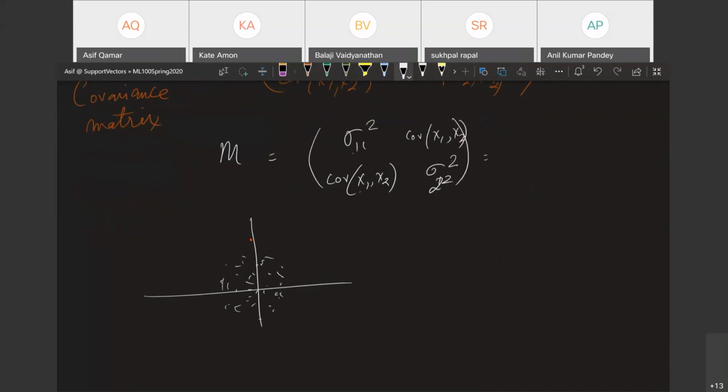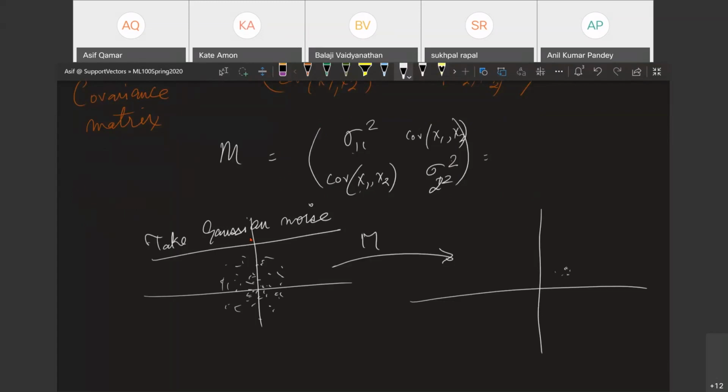This is just Gaussian noise, the data points just centered around here. Apply the M transform, the covariance transform, to this. If you apply it, something beautiful will happen. It will become this data.